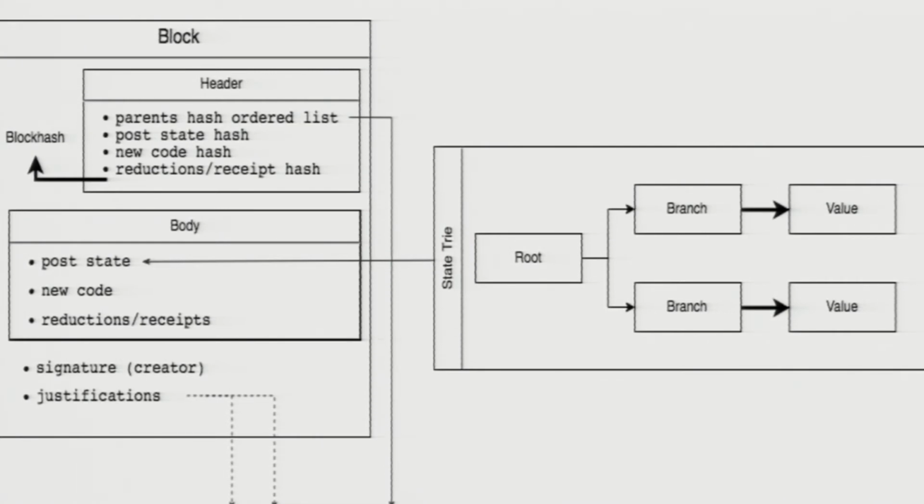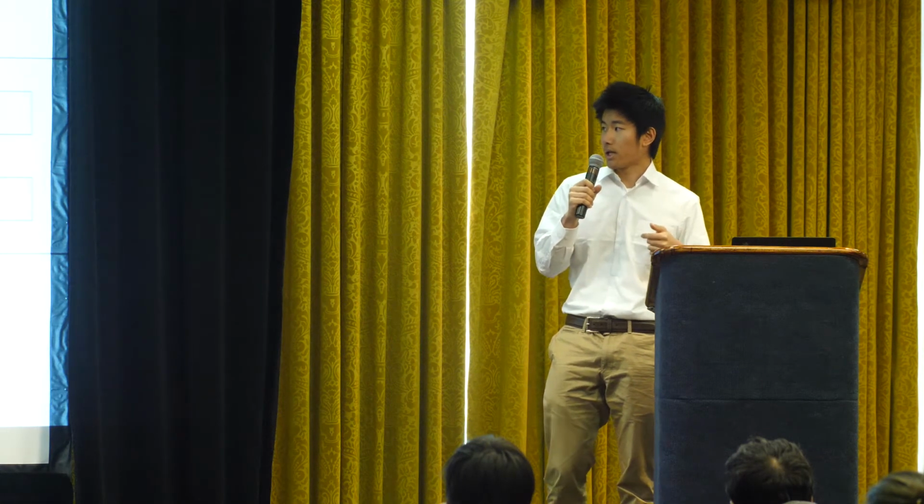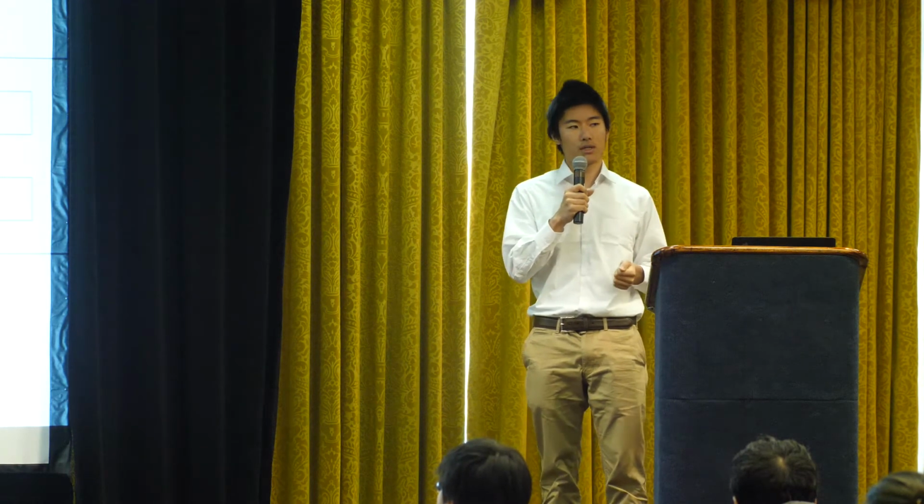And the idea here is that, as you'll see later when I describe more about specifics of Casper, this will allow for an optimization that will allow us to have a higher transaction throughput. And so all those elements in the header will be hashed, and that will turn into the block hash. And that will be another component in this block.